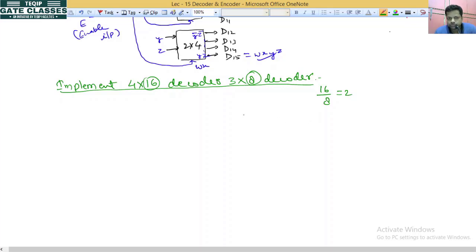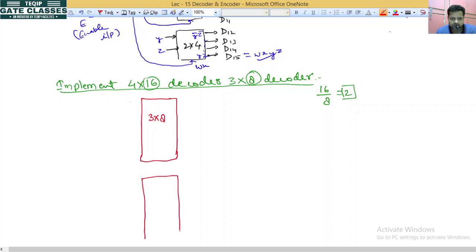So 2 decoders will be there at the last level. This is our last level, and we have one 3x8 decoder, and this one is again 3x8. Why do we have two in parallel? Because you have to generate how many outputs? 16 outputs.